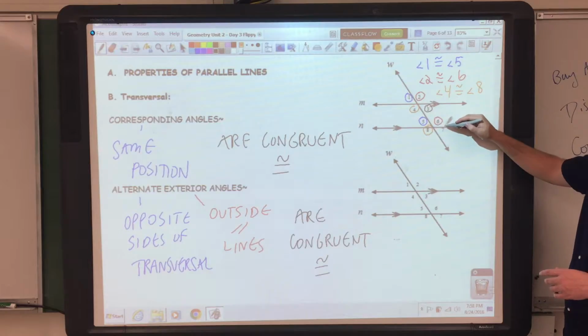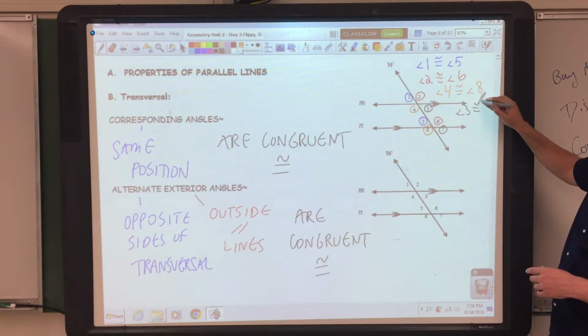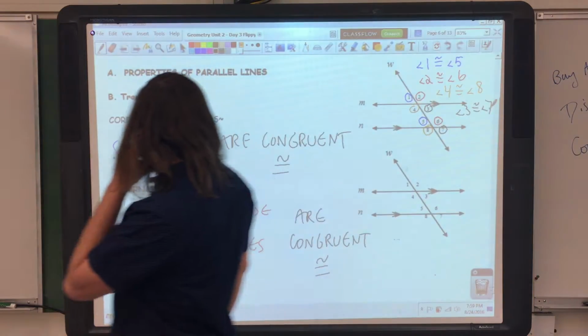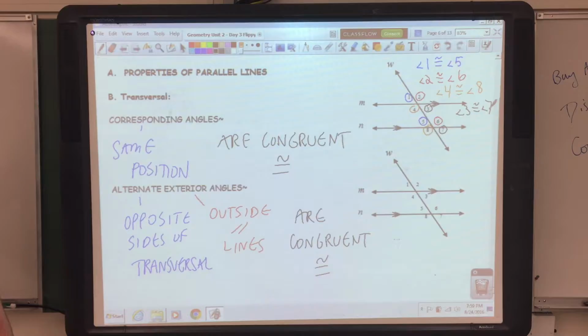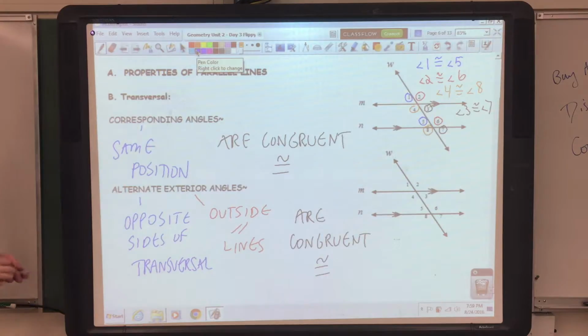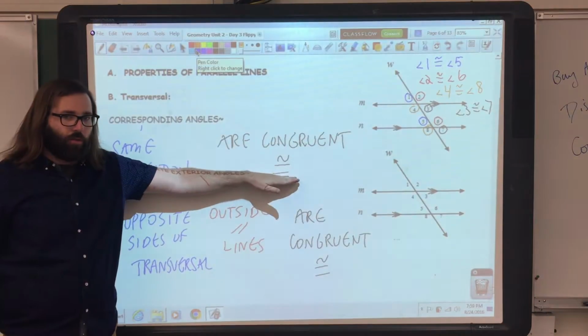Same position would be angle 7. So angle 3 is congruent to angle 7. Okay, so corresponding, same position, congruent.